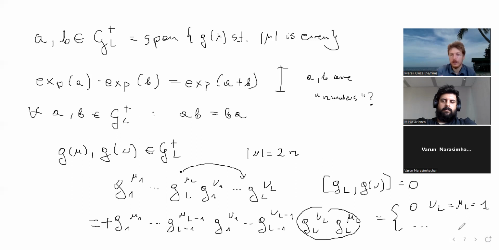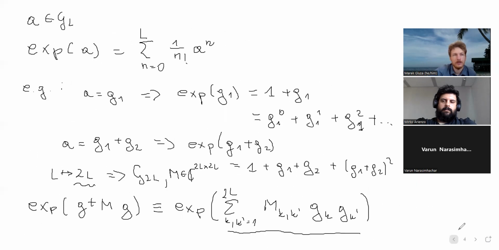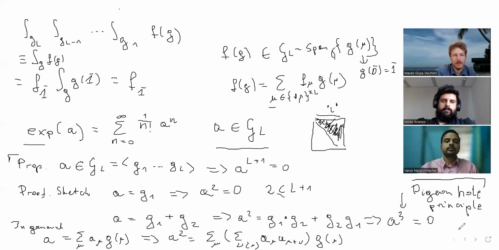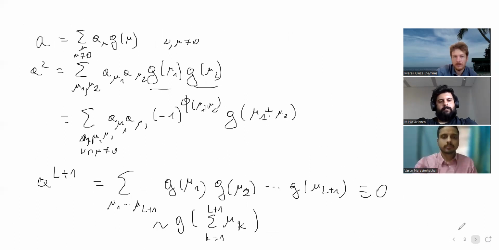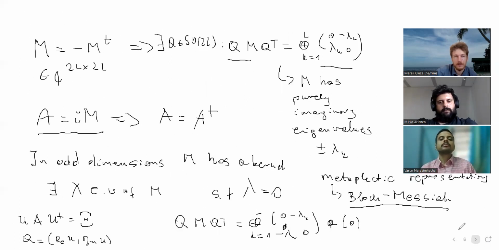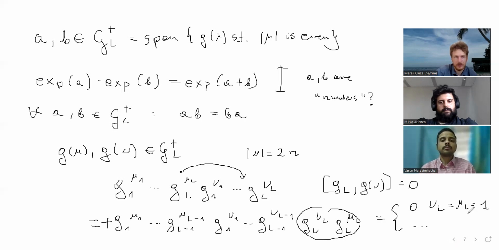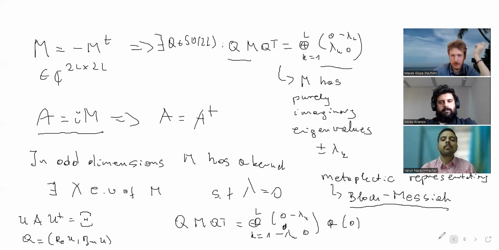Okay, so we saw that the series truncates. The truncation I was doing by the pigeonhole principle. And then I was showing the first time when they start behaving like numbers. So I didn't discuss this general case for the commutators carefully, but you kind of see the idea for the quadratic form. That will be quite easy to see, I think.